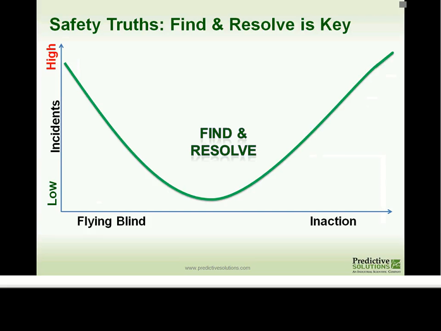What I've done in the past with the clients that have gone beyond the find and resolve is that we start doing quarterly observations of different types. So we shake it up, right? We may do a focused observation just on the 4S or housekeeping. The next one might be PPE, just to nail that one down.